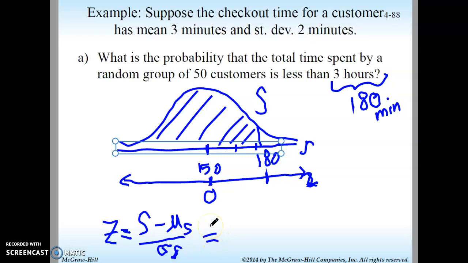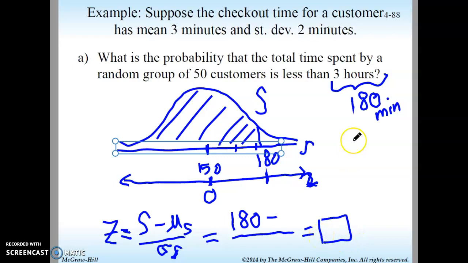You don't just randomly pick a mean. You have to make sure it's the right mean. So this is 180 minus, go find the right mean and the right standard deviation and find that z-value.